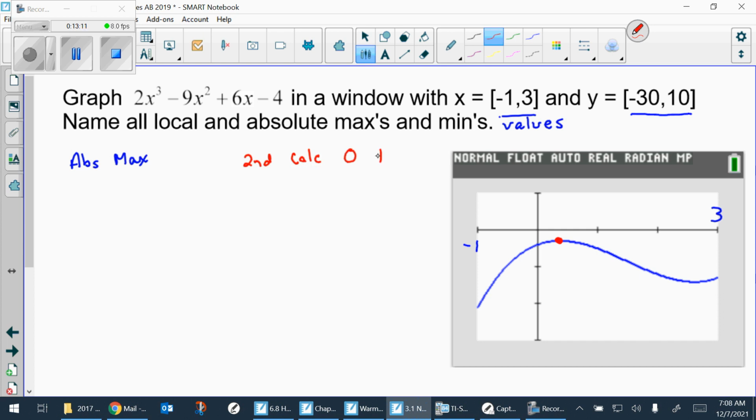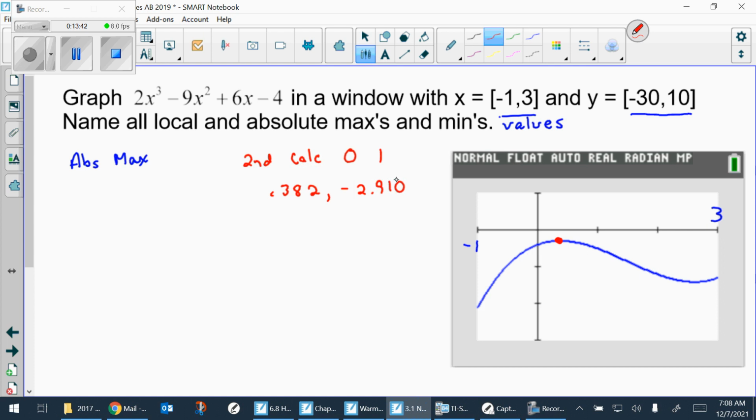Then they ask me to guess. Maybe we'll just put in 0.5 and enter that. And what it gives me is 0.382-ish for the x value, and it gives me a y value of -2.91-ish. I'll go 3 decimal places, and I think those are rounded correctly to 3 decimal places.